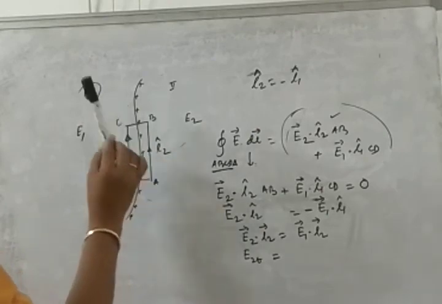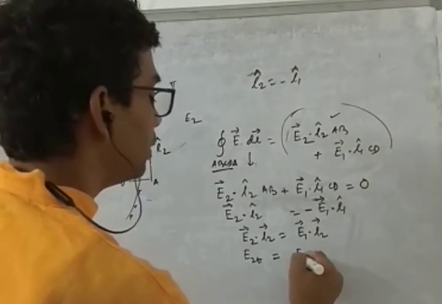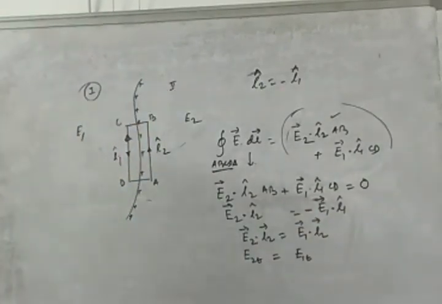So this is again the tangential component of E1. That means the tangential component of E2 and the tangential component of E1 on both sides become equal. That means tangential components are equal.